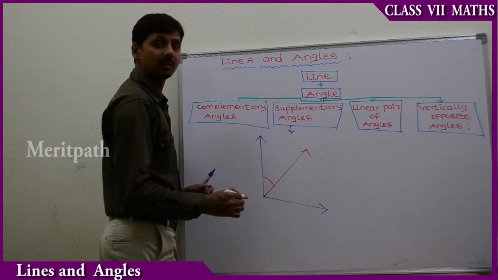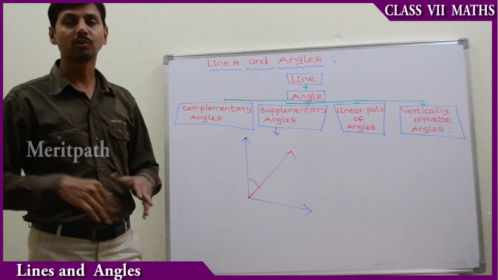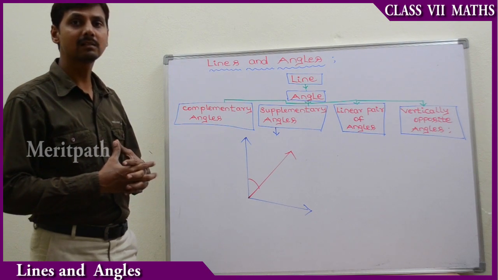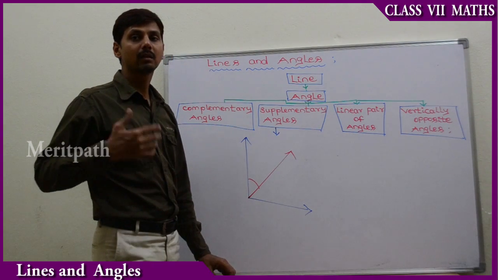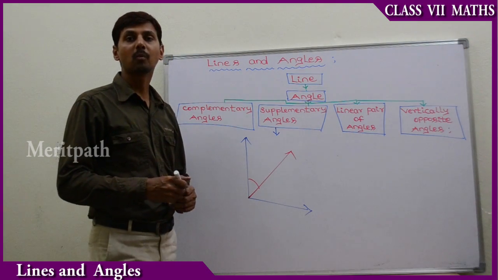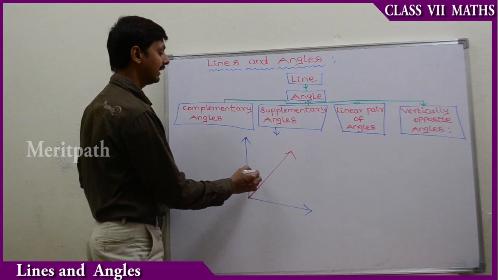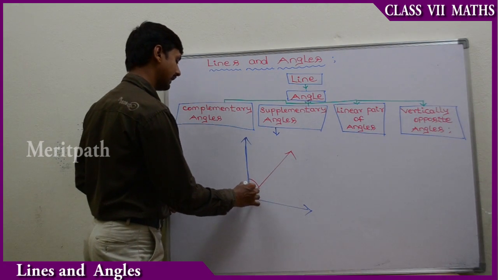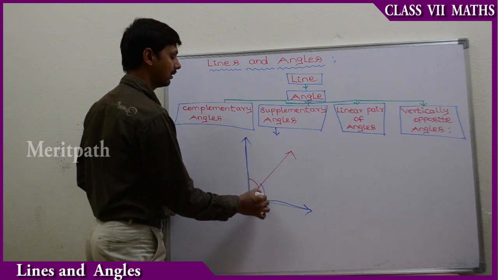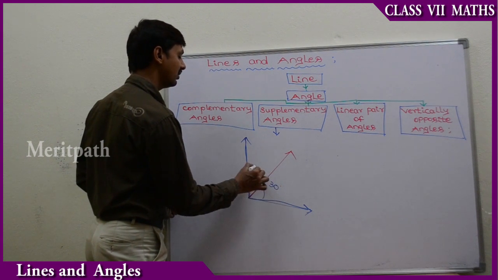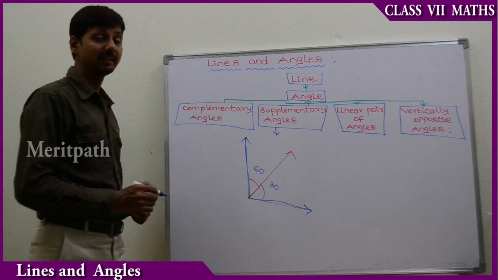Let's go to the next concept, complementary angles. If we add two angles and the sum of the two angles is 90 degrees, we call them complementary angles. For example, we take a right angle, and here this is 30 degrees and 60 degrees. We add these two angles and we get 90 degrees.